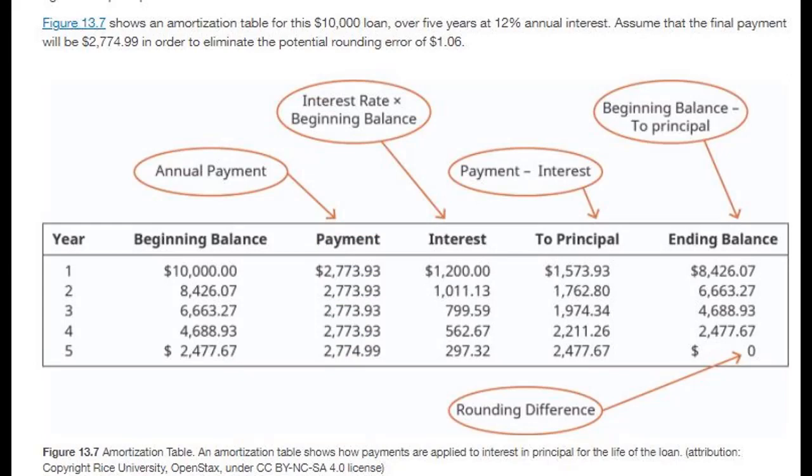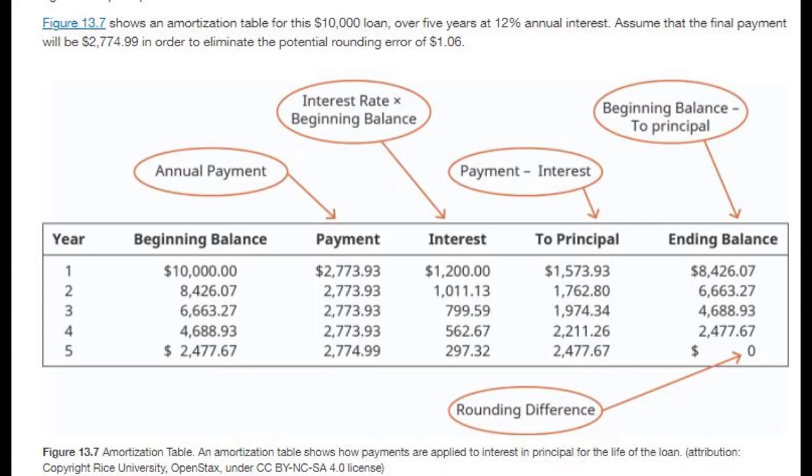Now, by the way, it's about $1 more in the fifth and final year, but the textbook explicitly says that's a rounding difference, rounding error. So for all intents and purposes, you're paying $2,773, the same amount every year, every period.